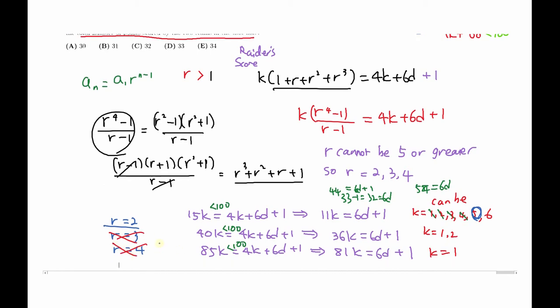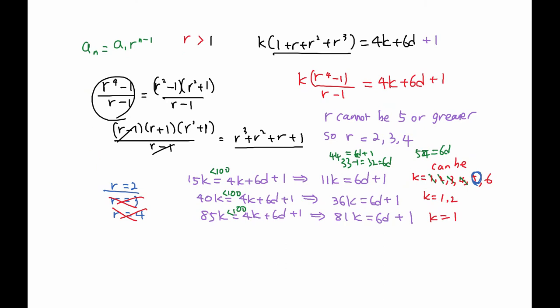Let's write down when r equals 2, we have k equals 5 and d equals 9. That's all integers. That's what we wanted so far. That's why we had to do all this calculation. Now that's not the answer, of course.